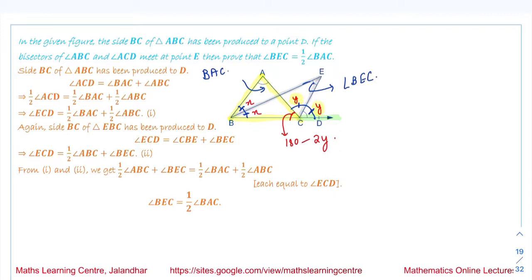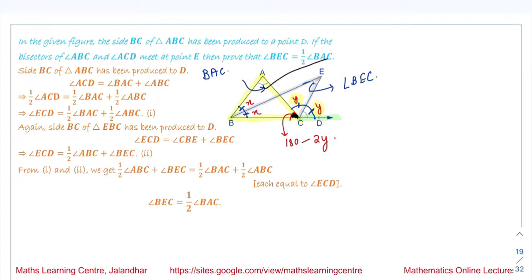So we will get the value of these angles as 2y, 180 minus 2y. Similarly, this angle over here is 180 minus 2y.